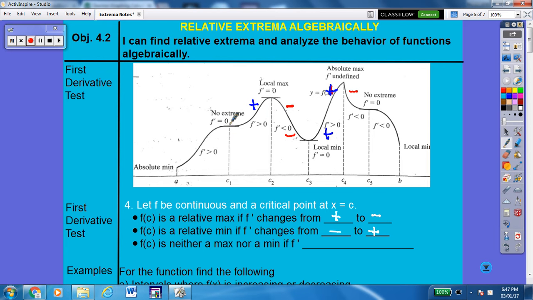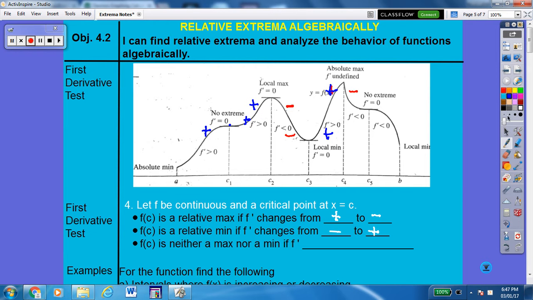Last thing, you see here we have a critical point where the derivative does equal 0, but we discussed before that that's not an actual extrema, because it is neither higher nor lower than both sides of the points around it. So what that means is that if you look at the derivative before this critical point, it's positive, 0, and then after it continues to be positive. So there was no sign change.